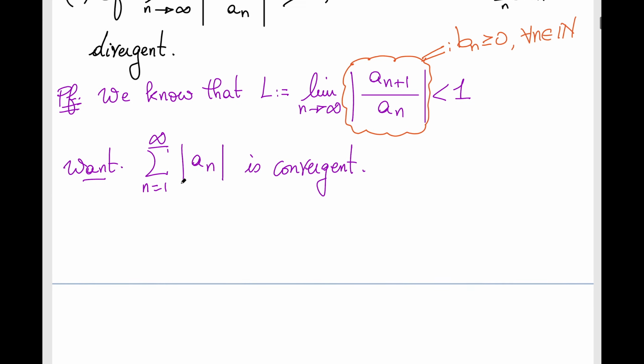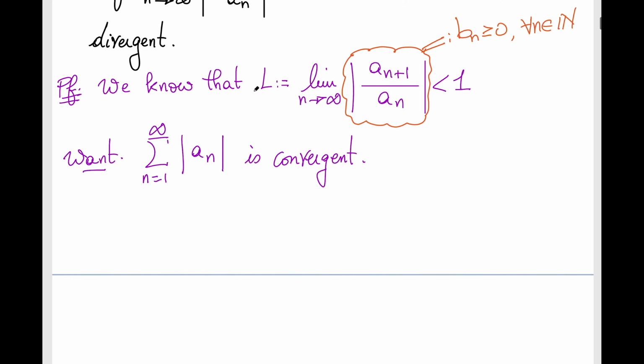Let's start from what we have. We know that the sequence b_n, remember we just introduced b_n to be the absolute value of this quotient, converges to L, correct? And what does it mean that the sequence b_n converges to L?